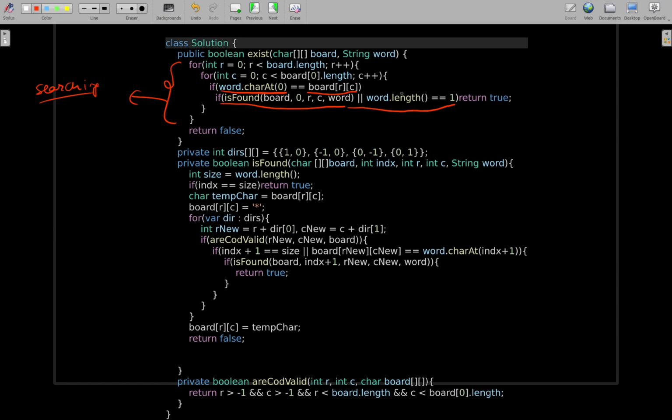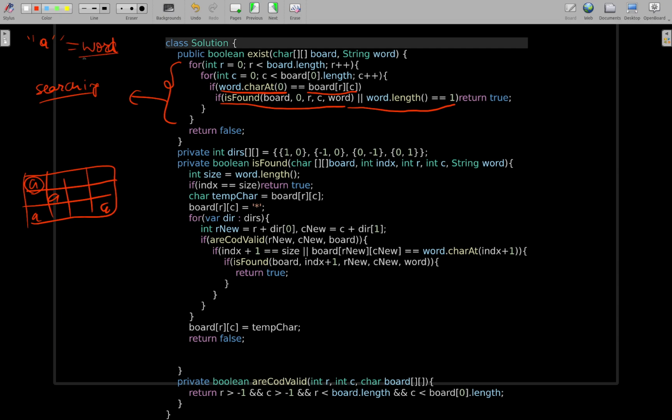And if let's say your word is something like A only, and you are having this board and it is having many A's, so you can return true with any one of these, since the word is of length 1.